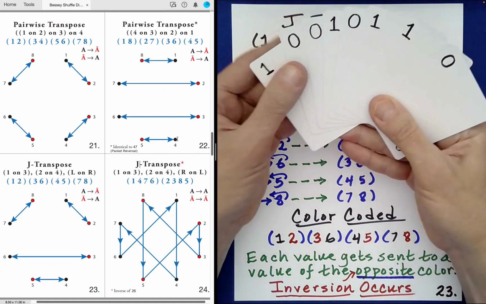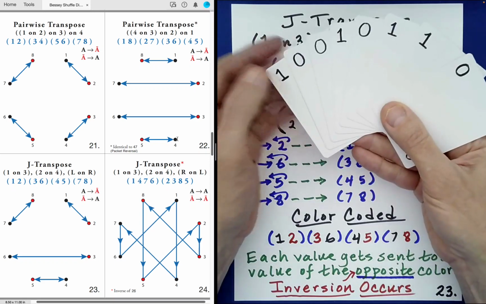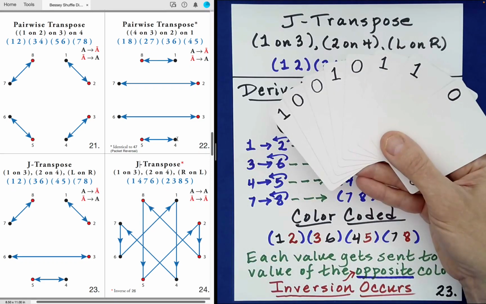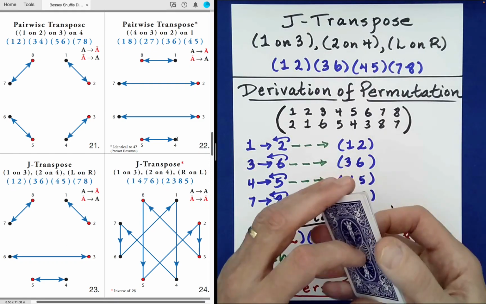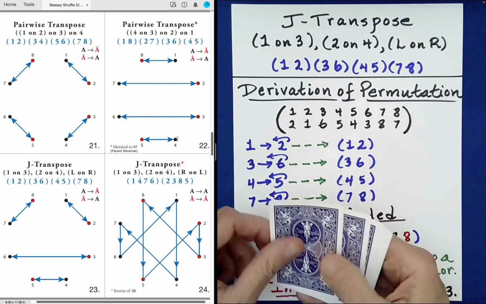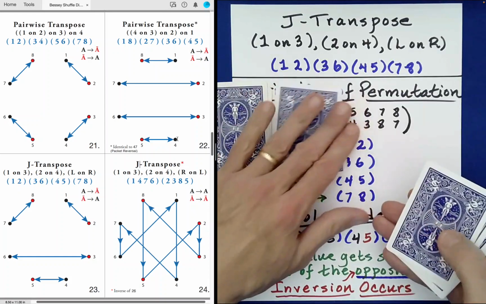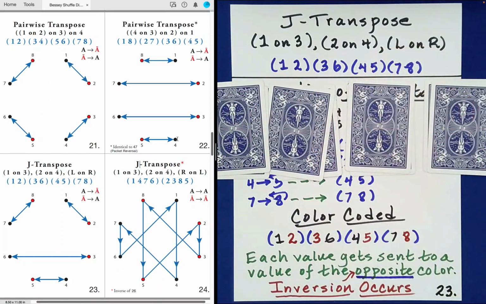So why don't we go ahead and illustrate that inversion does indeed occur. Here is our quintessential Bessey sequence. So if we perform this shuffle on this labeling of the cards, we obtain the following. So here you do a 1, 2, 1, 2, 1, 2, 1, 2. That's always the same for a transposition. Now the stacking is different.